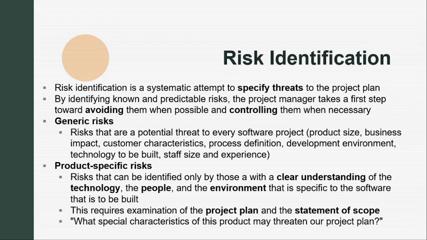Most of the risks to identify are known and predictable risks. We can categorize these risks broadly into two categories: generic risks and product specific risks. Generic risks are potential threats to every software project.